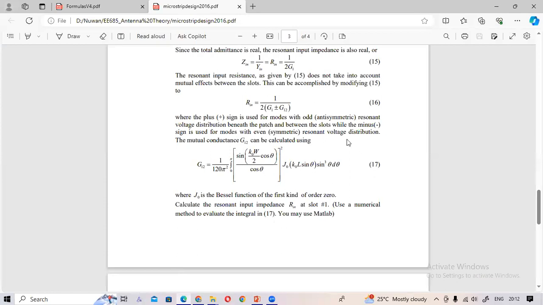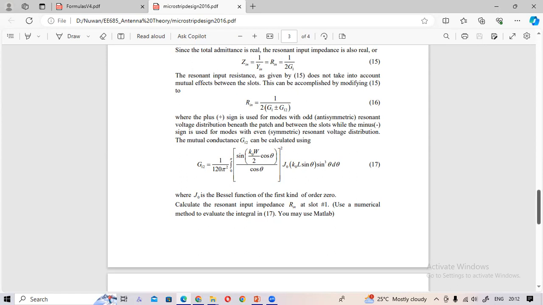Then you can conclude whether this is in odd mode or even mode. Based on that, you decide whether to use plus or minus, based on 1 0 or 0 1.